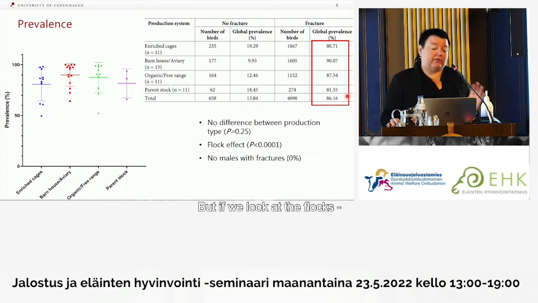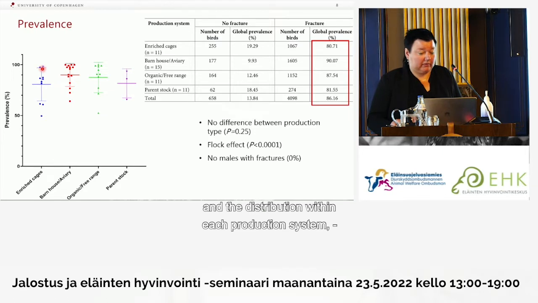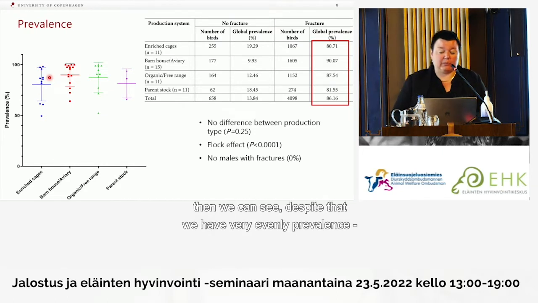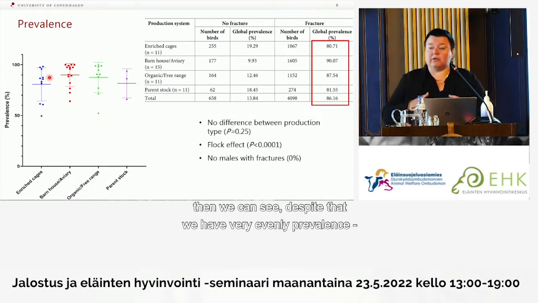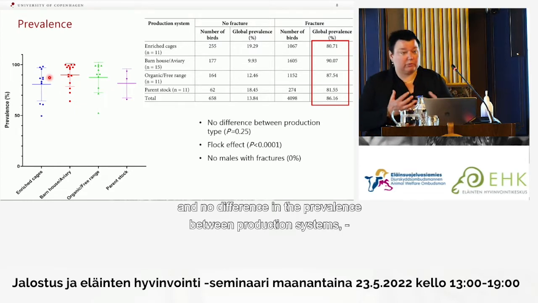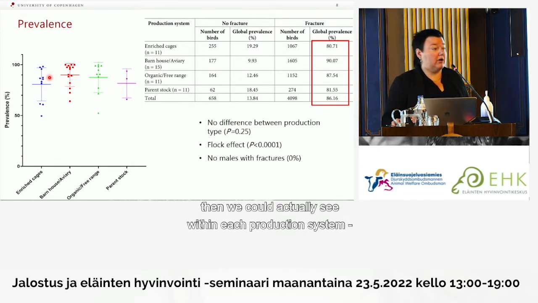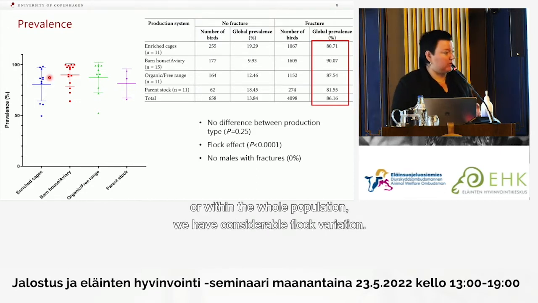But if we look at the flocks and the distribution within each production system, then we can see, despite that we have very even prevalence and no difference in the prevalence between production systems, within each production system or within the whole population, we have considerable flock variation.